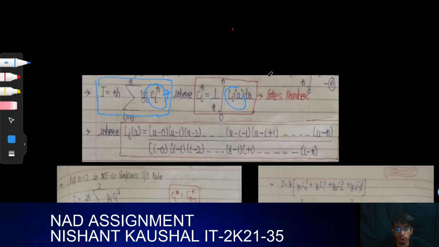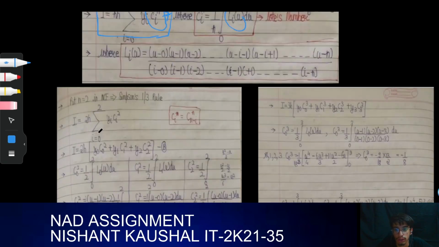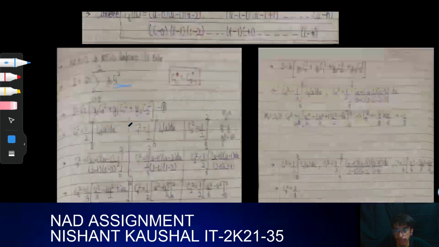So if we want to find Simpson one-third rule, we put the value of n equals 2 here. Then it will become 2h summation i equals 0 to 2 yi ci raised to the power 2, right? Now we will apply this formula and find the value of ci.